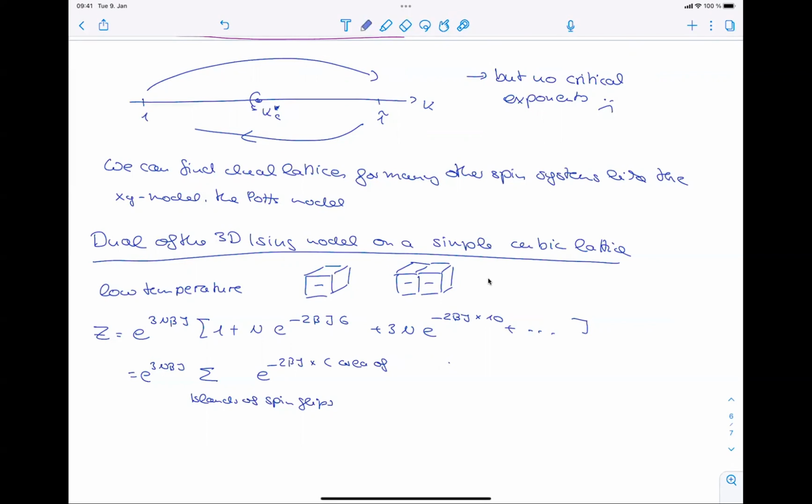But now these boundaries are these cubes, right? So now we're summing over cubes of islands.